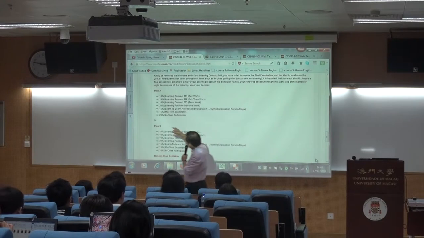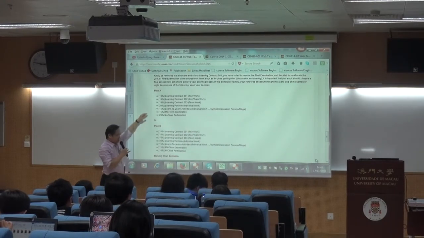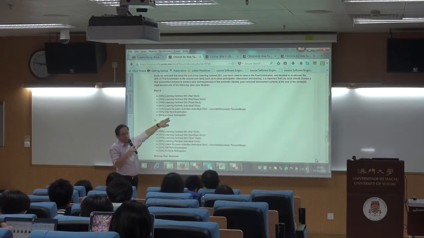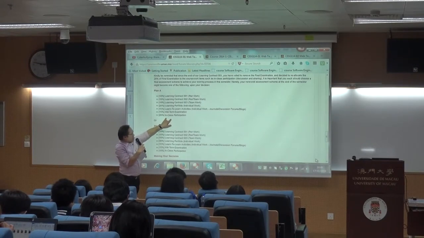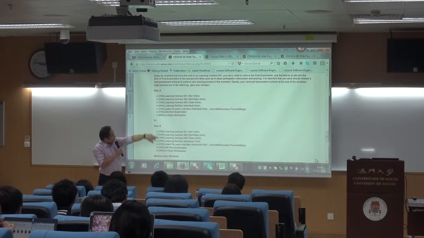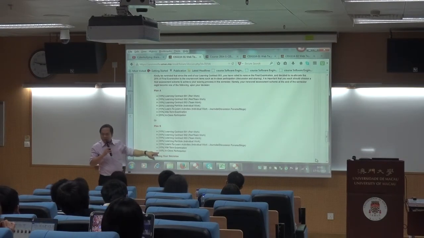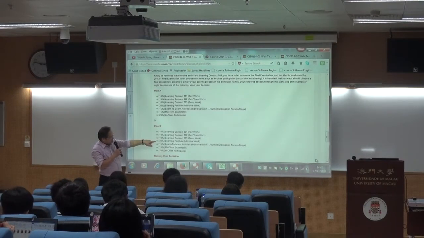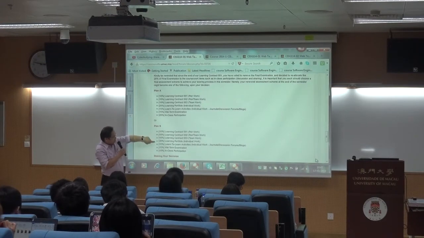In Plan A, this is the original scheme with the 20% final exam replaced by in-class participation. In Plan B, you reduce the 20% to 10% and you increase the learning portfolio from 20% to 30%.